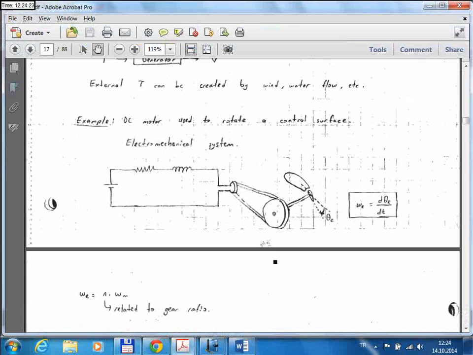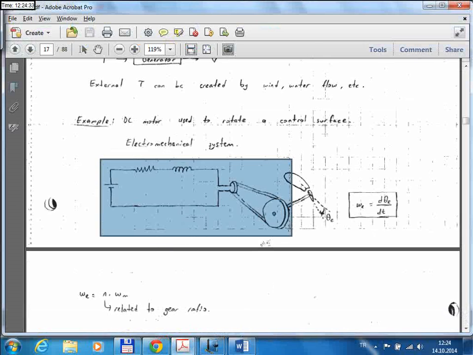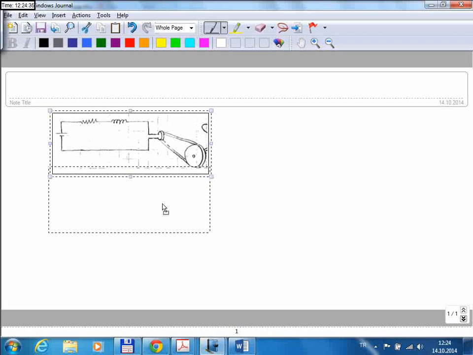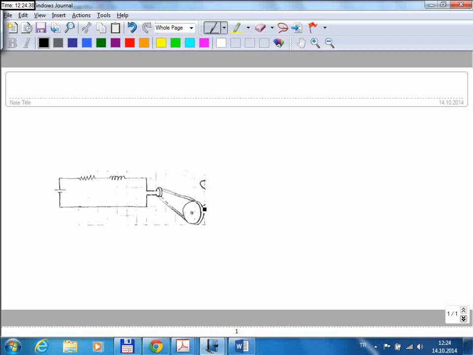So we can take this same setup here, and I can connect this to a vertical pendulum, for example, right? Or inverted pendulum.